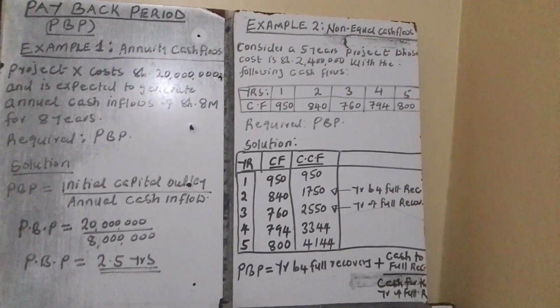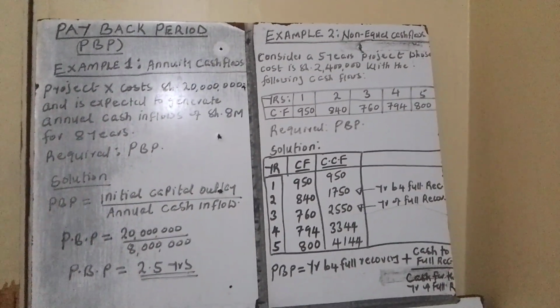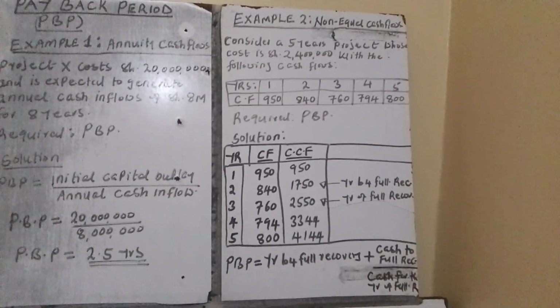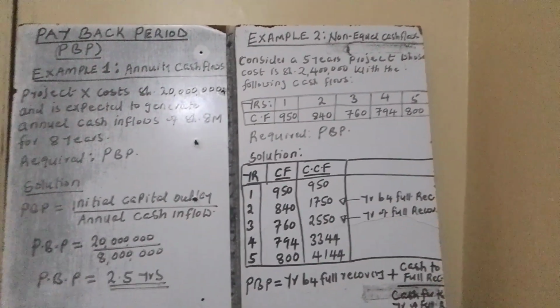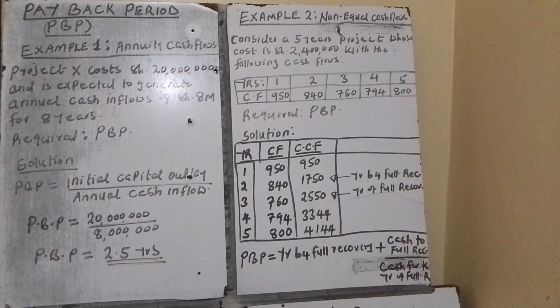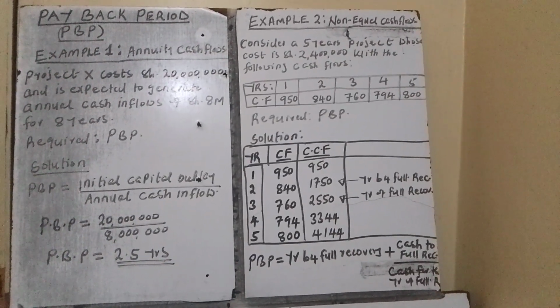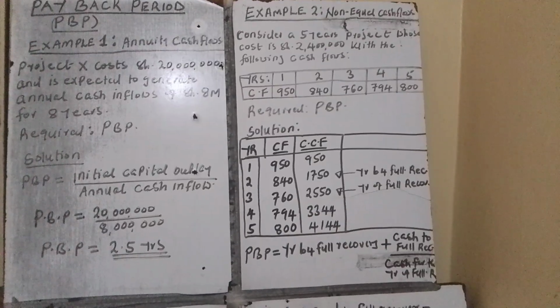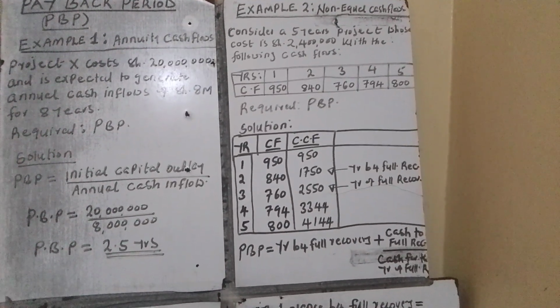I think that is well explained, well captured, and with that, we've covered the first non-discounted cash flow technique. You can see with this, we are not using the tables.